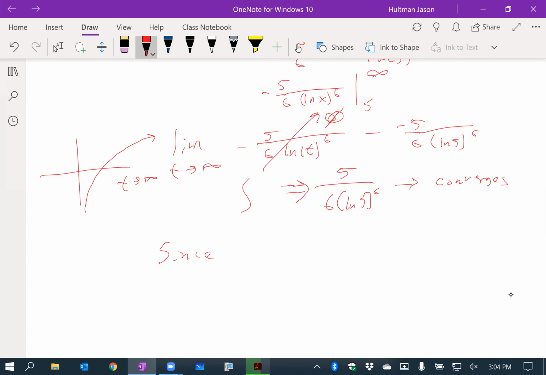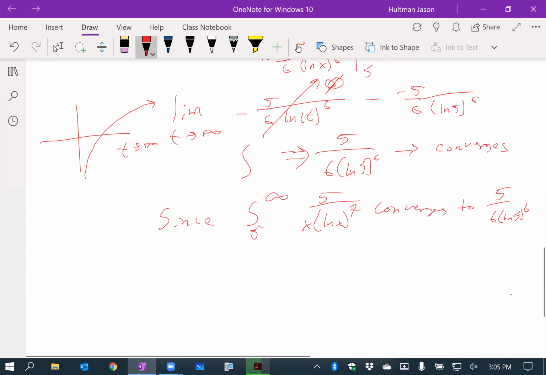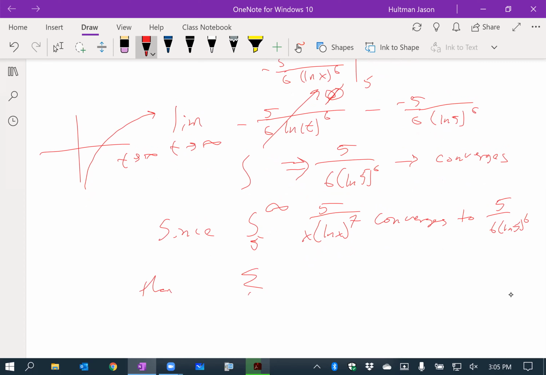So since the integral from 5 to infinity of 5 over x times natural log x to the 7th power converges, and it converges to this 5 over 6 natural log 5 to the 6th, then the original summation, k equals 5 to infinity of 5 over k natural log k to the 7th power, also converges. So convergent.